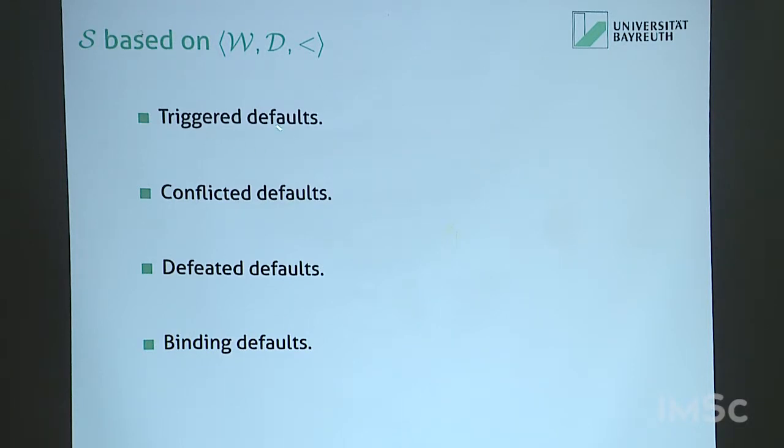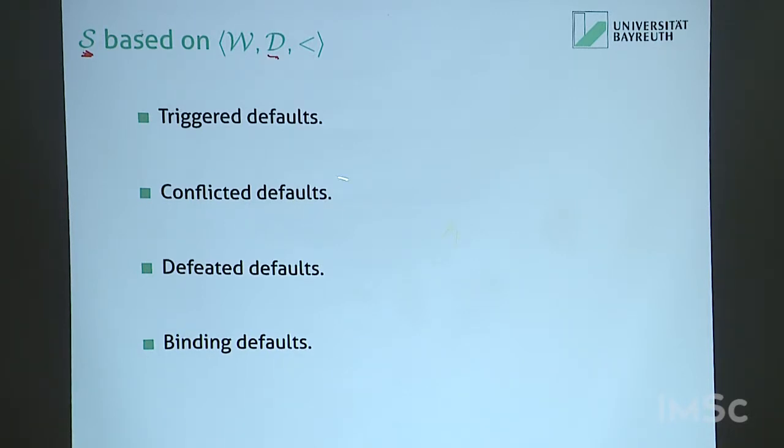Okay, so the basic idea is to start with a scenario, S, which will be a subset of your set of defaults. They will be the defaults that you accept. And now we want to compute something called a proper scenario, which consists of binding defaults.